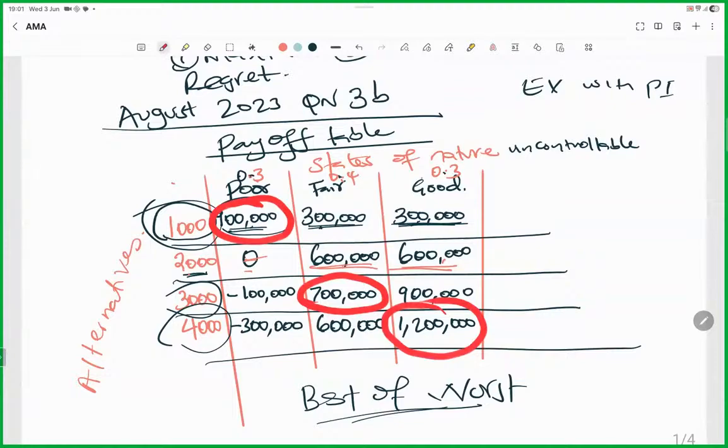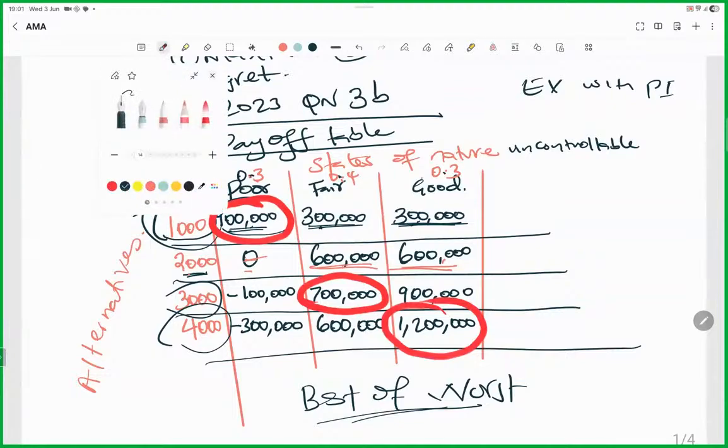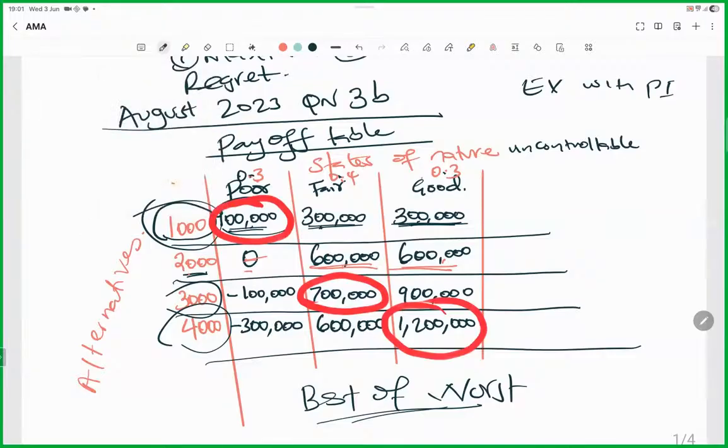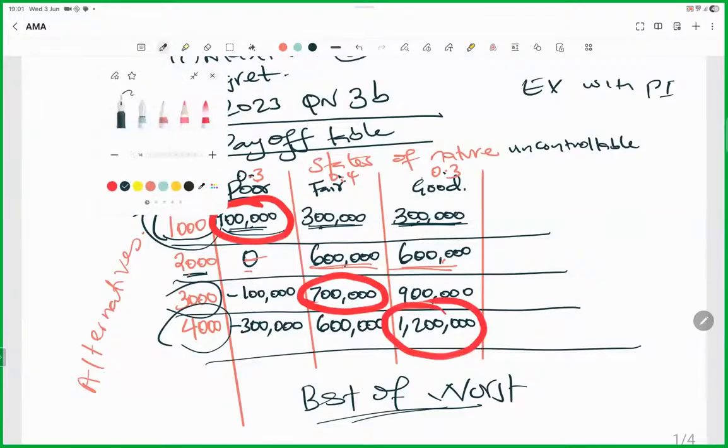Now, please listen, my very good students. Anytime you hear the examiner talking about expected value of perfect information, this is what I want you always to remember. You go to each column, selecting the best. And then you average. How do you average? We have probabilities, so times probability.